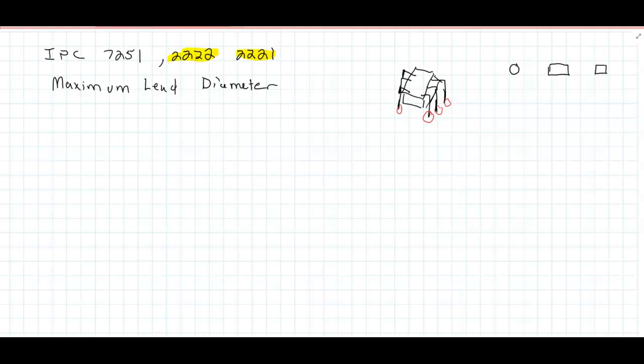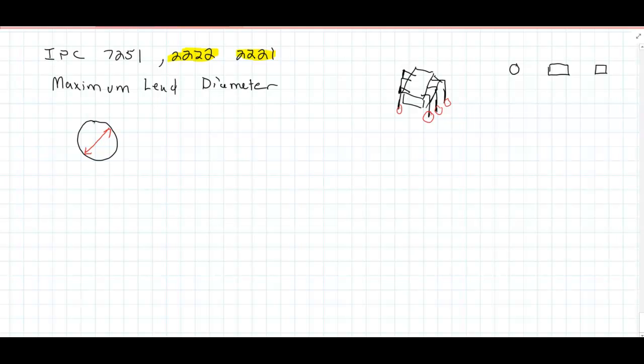That's why sometimes just looking at the data sheet doesn't provide all the information we need. If we have just a circle, the max lead diameter is pretty obvious. It's just the diameter of the circle, right here. Okay, so that's my max lead diameter.